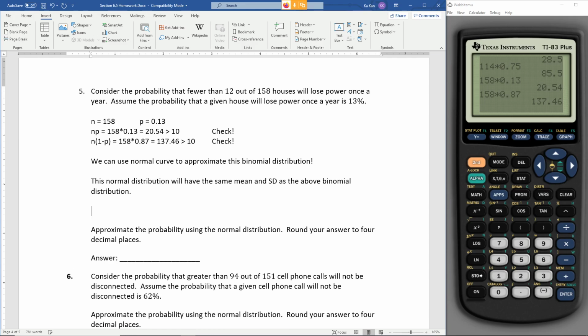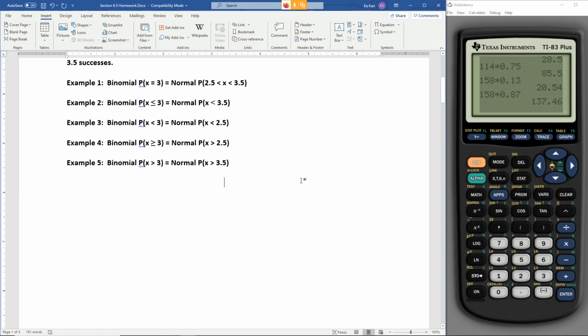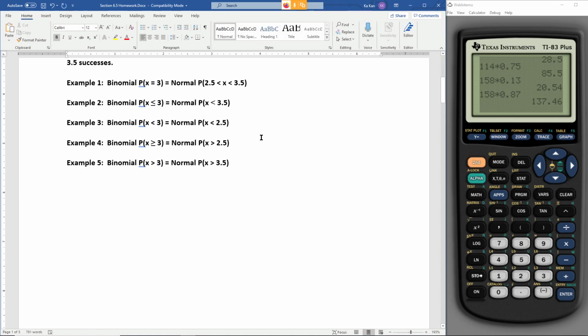So first, let me give you the formula for those two things, right? So we already did the mean. The mean of a binomial distribution is n times p. Easy, right? Which is what we've been doing.